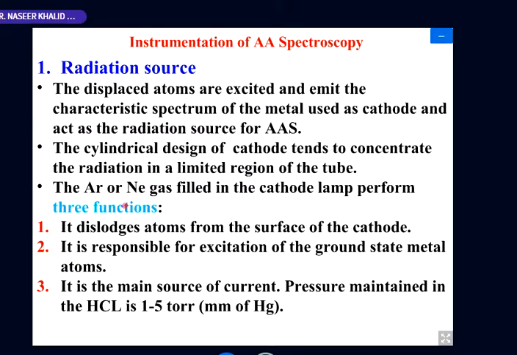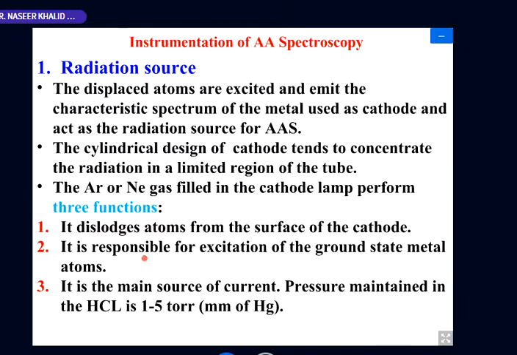Then these inert gases are responsible for the excitation of the ground state metal atoms. Those atoms which are in the ground state, that is the original one, get excited because these ions have large momentum, they have high energy. They shift the energy to the atom.